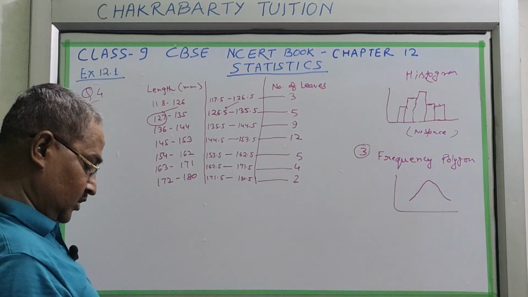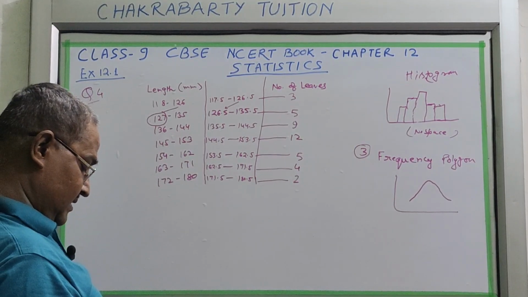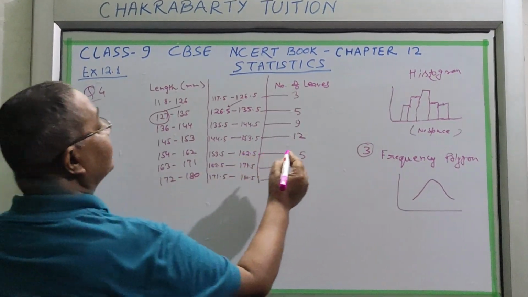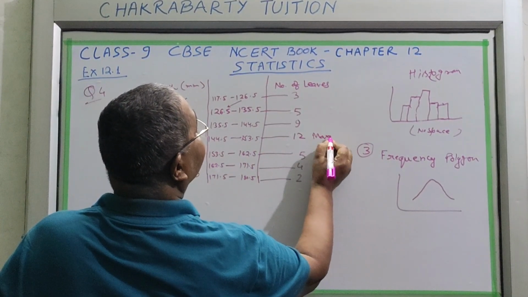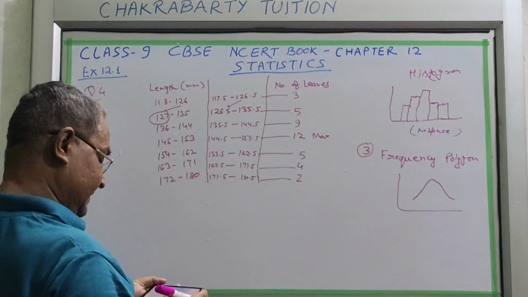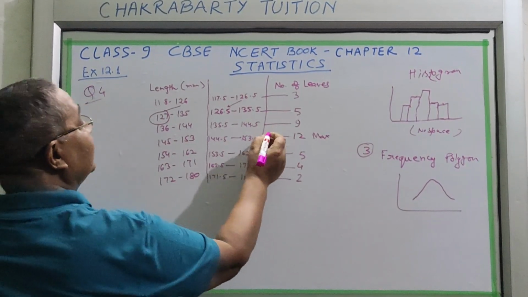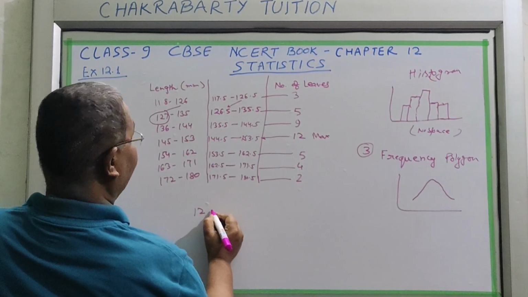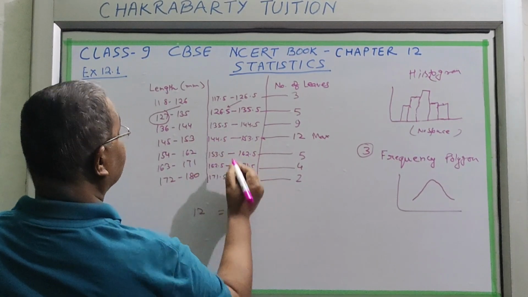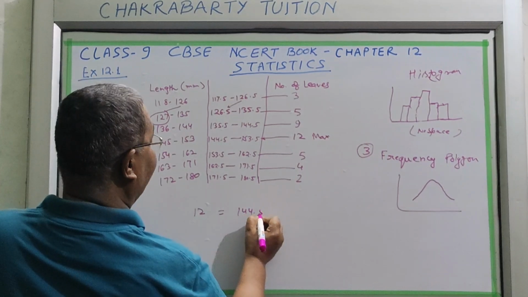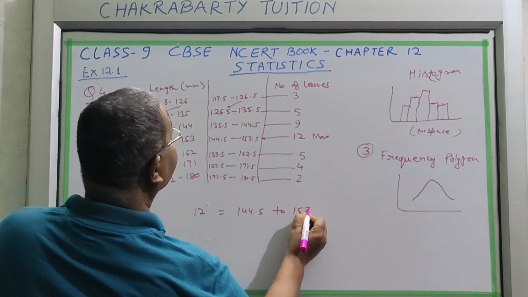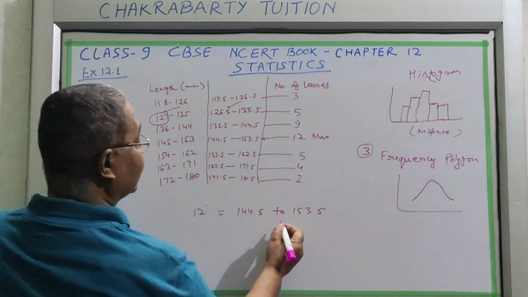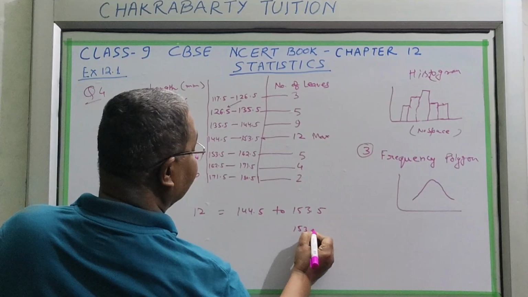Third: is it correct to conclude that the maximum number of leaves are 153 mm long? So this is your maximum here, and this relates to this range. 12 leaves relate to 144.5 to 153.5. So we cannot conclude that 12 leaves are of 153 only.